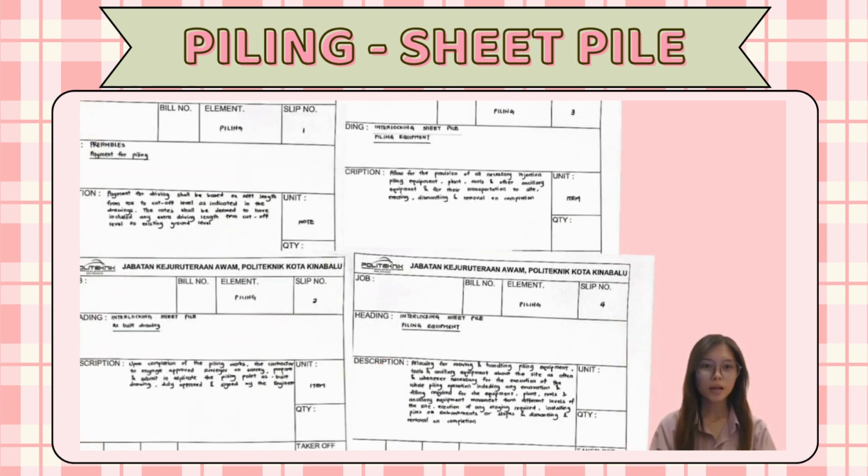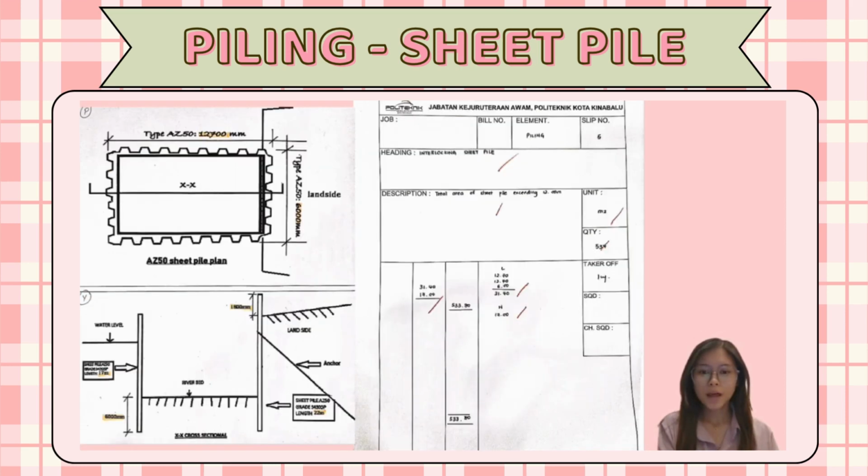This is taking off 1 to 4, which is preambles, as-built drawing, bringing in and removing from site, and maintaining on site. Total area of sheet pile exceeding 12 meter, the unit is meter cube. The length is 12.7 plus 12.7 plus 6 equals 31.4.